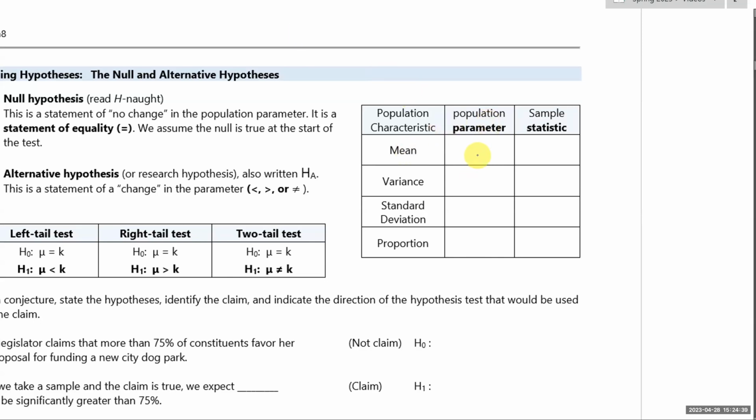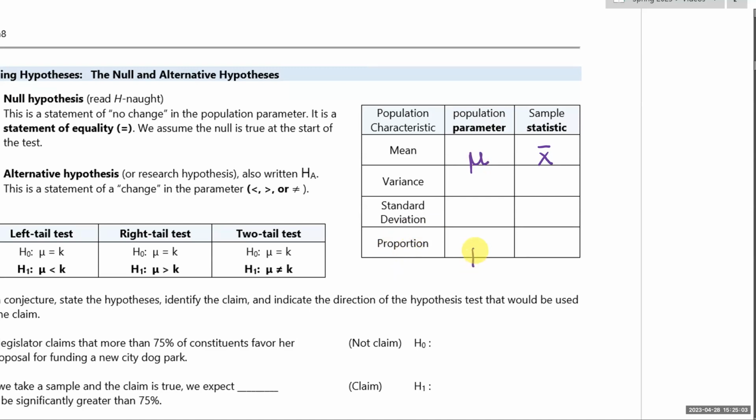So we're going to start with testing claims that people make about a population mean. To evaluate that claim, we would rely on a study that takes sample data. So we would rely on X bar to help us make a conclusion about a statement concerning the population. All right, I'm going to come down to proportion next.